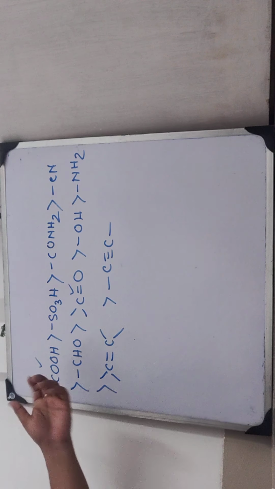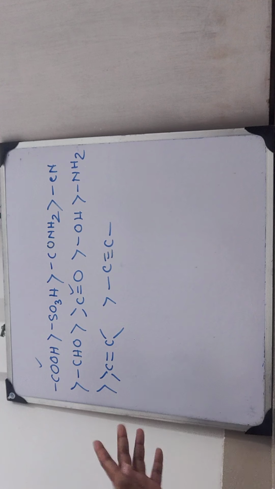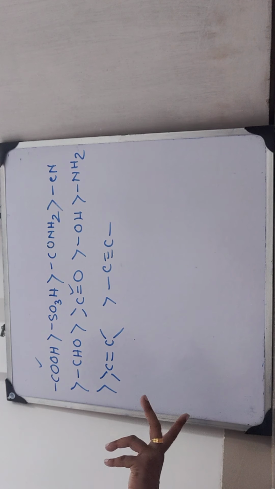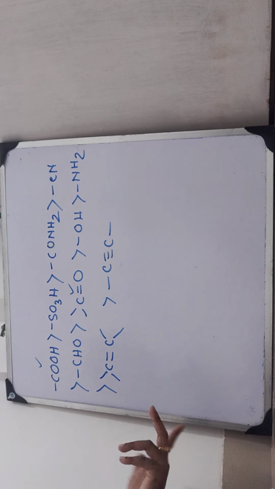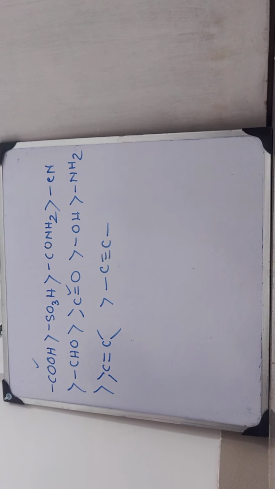When only one functional group is present, only the suffix will be used. And whenever one is given greater priority, the suffix will be used for it, and for the lower priority one, the prefix will be used. Simple as that.